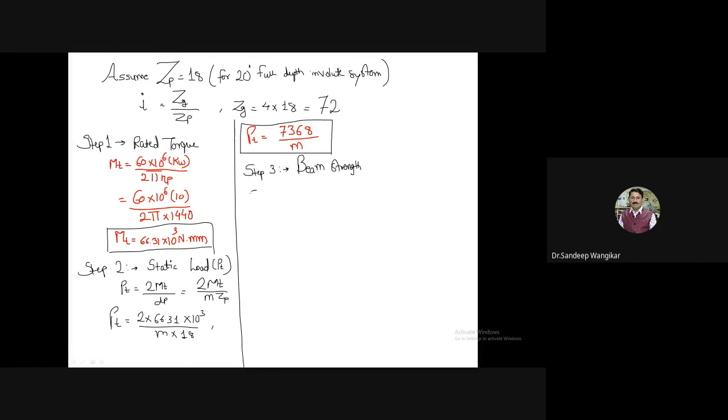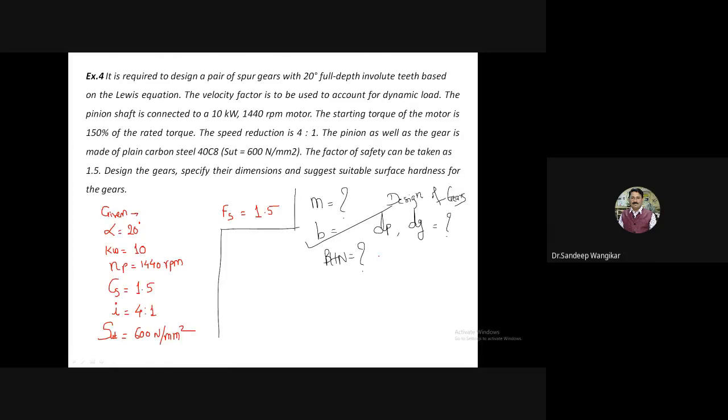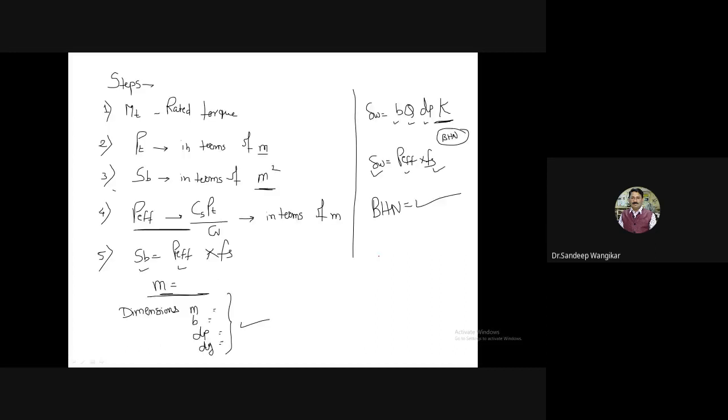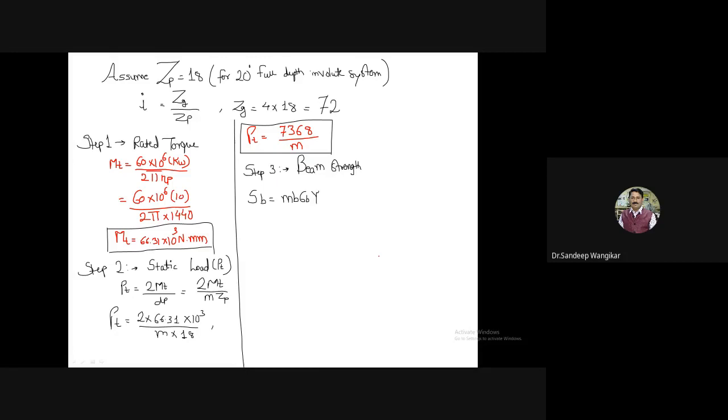SB is equal to M B sigma B Y. The Y value I have not mentioned, so I take Y for 18 number of teeth from the chart, which is 0.308. For face width, let us assume B is equal to 10 times of module.